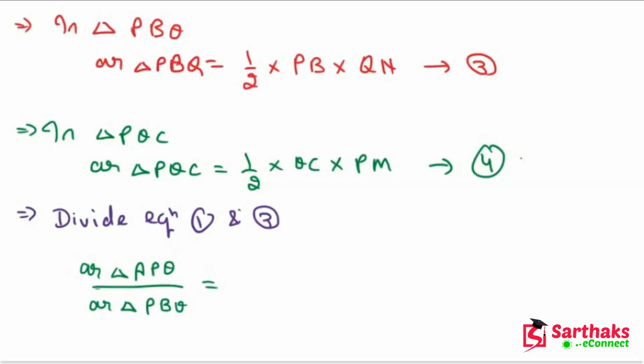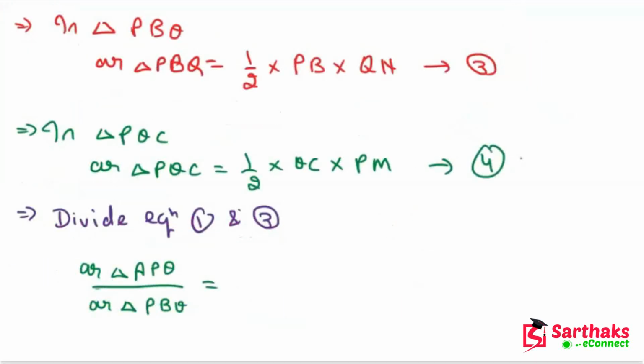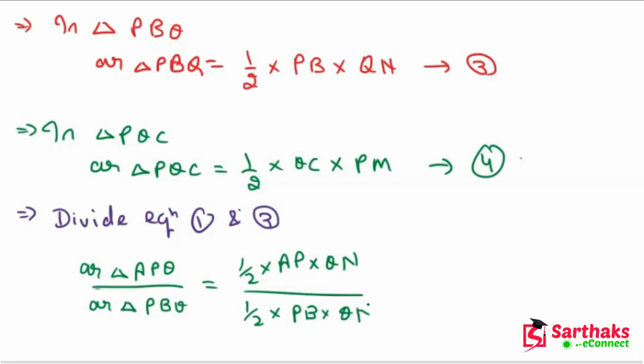This gives half into AP into QN divided by half into PB into QN. The half and half cancel, and QN and QN cancel. So this is equal to AP upon PB. This is our fifth equation.